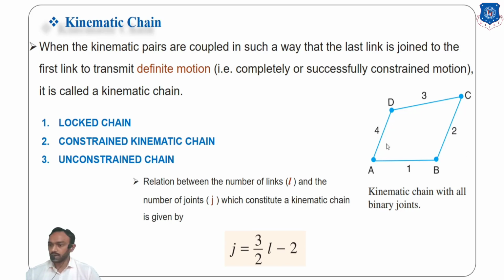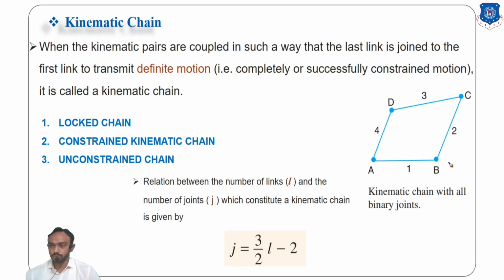And how can we count the joints? You can see link number 1 and link number 2 connected here. So that will be joint number 1, joint number 2, joint number 3, joint number 4. So this mechanism has 4 joints and 4 links. That's how we can decide.